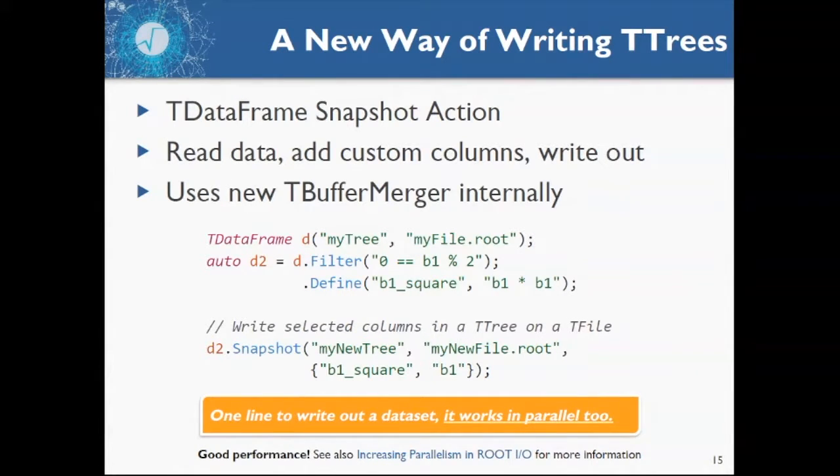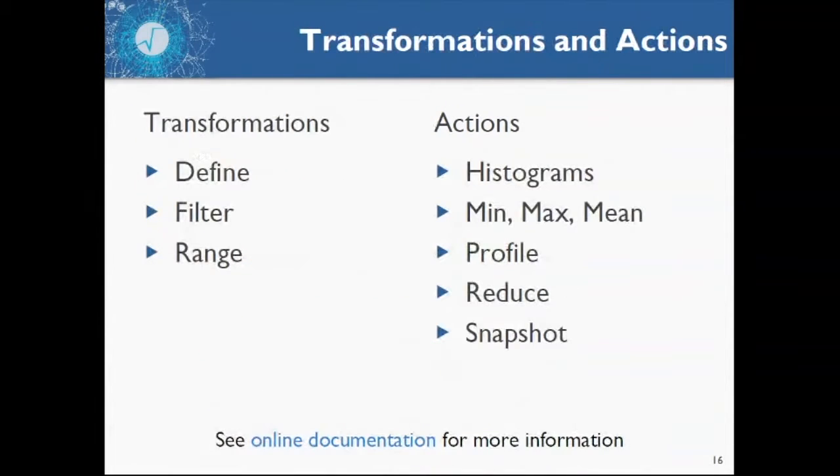So here is a list of some of the transformations you have and the actions. You can define new columns. You can filter by some user-defined function. You can pick up a range. So if I have a terabyte, I don't want to run over the terabyte to do some simple pre-checks on the cuts that I'm applying.